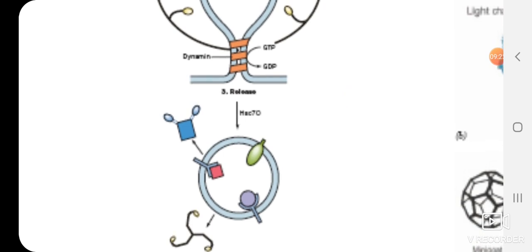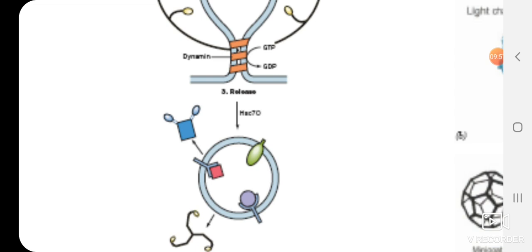So this particular part is going to be called the release, where a coated vesicle is going to get released from this particular portion. And this dynamin is a GTP binding protein molecule and has GTPase activity also. So the oligomerization of dynamin also causes activation of the GAP domain of this particular protein, that is the GTPase activating domain.